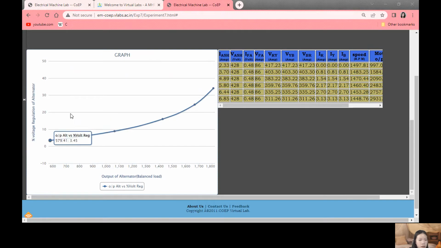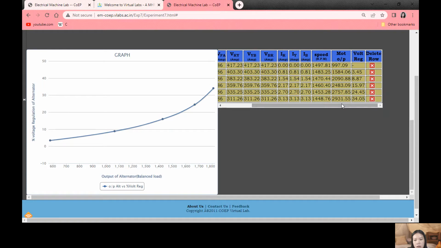So, next naman natin is yung voltage regulation ng alternator versus yung output ng alternator sa balanced load. So, habang nag-i-increase yung output ng alternator, nag-i-increase din yung voltage regulation natin, which is bad, kasi yung acceptable voltage regulation natin is nasa 0 to 10% lang. So, kung titingnan natin yung data natin, lumagpas na ng 10%.